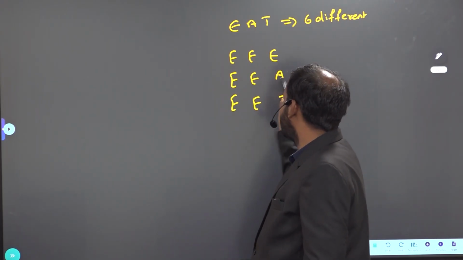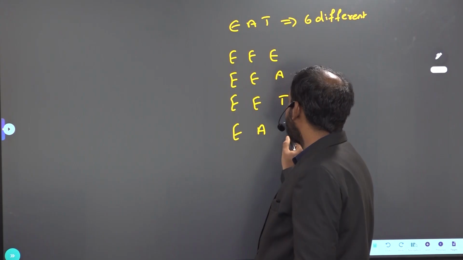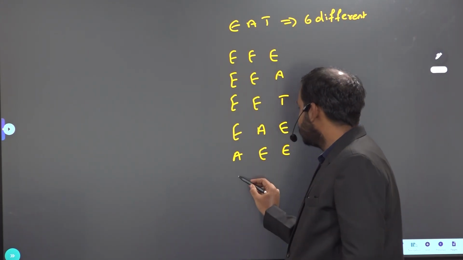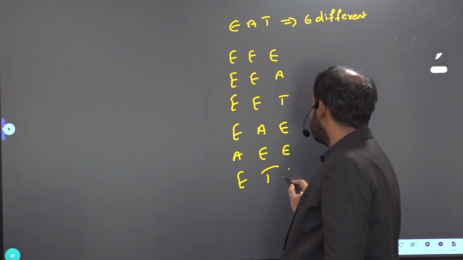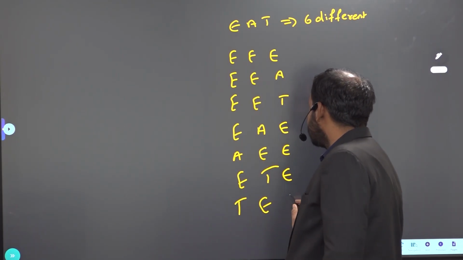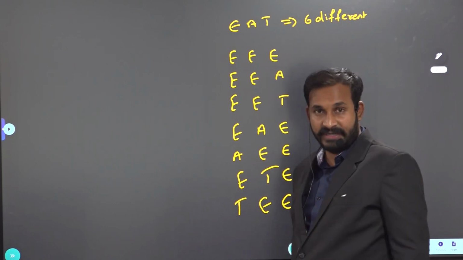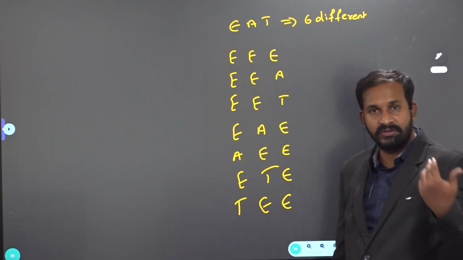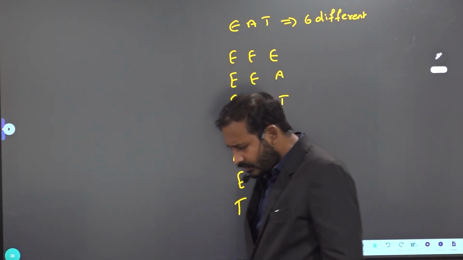E-E-T I can use, or else I can write E-A-E, or else A-E-E, or else E-T-E, or else T-E-E. And I have taken only the repetition for E. Similarly, I can do the repetition for A, and similarly for T.